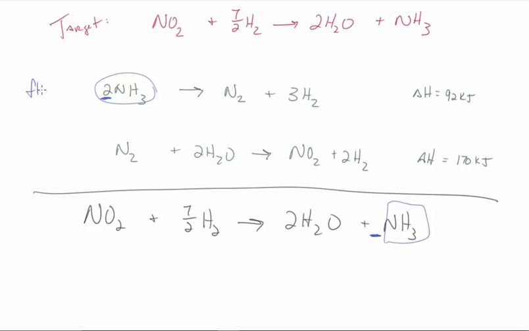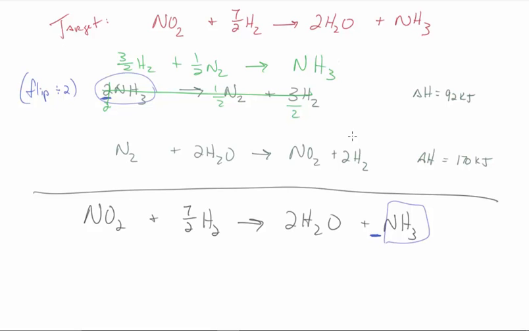So I'm not only going to have to flip this reaction, I'm also going to have to divide it by 2. And so what I'll do is I'll just cross right through that, and I'll end up with 3 divided by 2 H2, because again, I'm just dividing by 2, plus 1/2 N2, and again, that's just 1 divided by 2, and then 2 divided by 2 gives me just 1 mole of NH3.